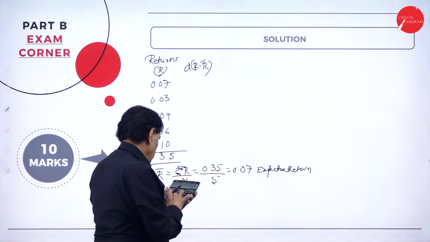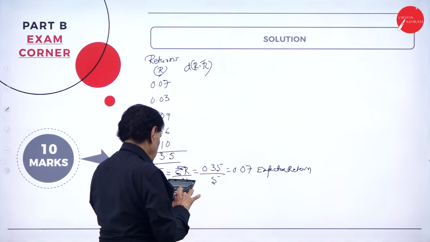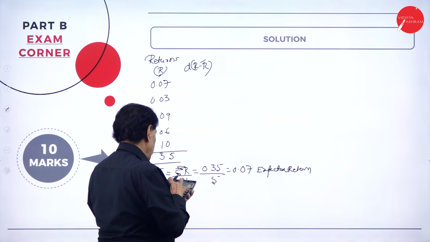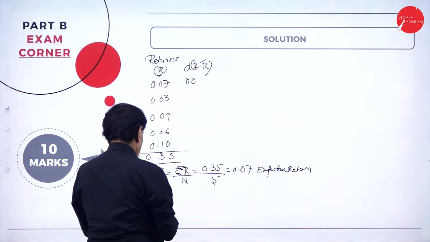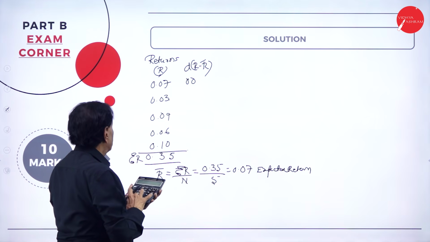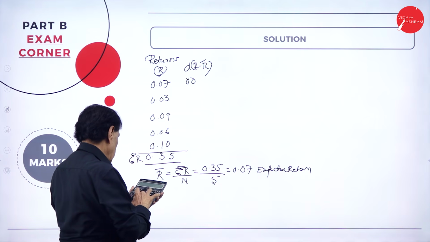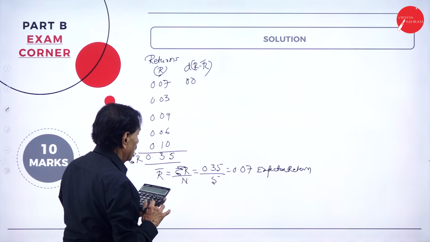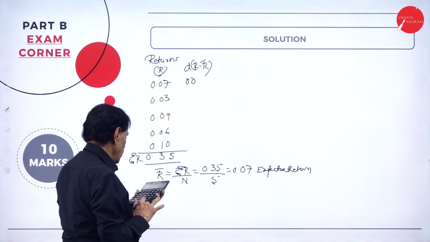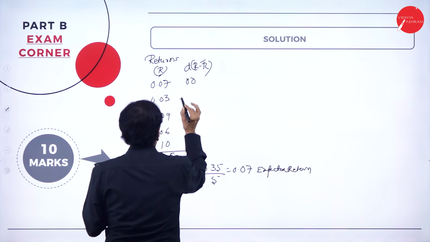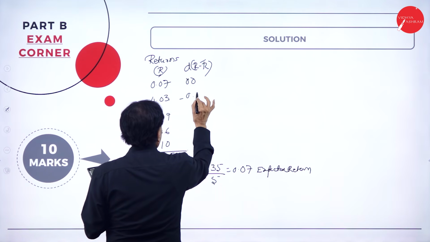First one, 0.07 minus 0.07 is 0. Then 0.03 minus 0.07 is minus 0.04.